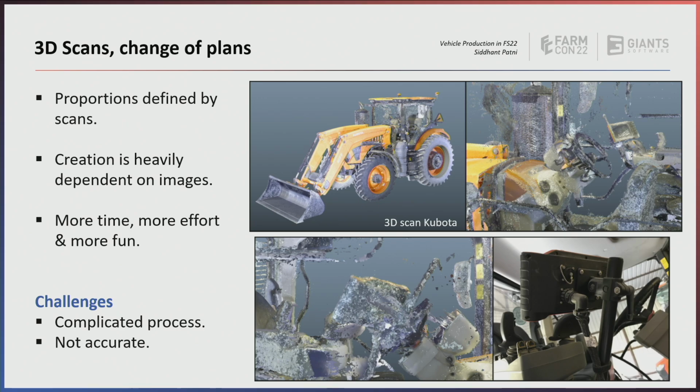We mainly use the 3D scans of the real-life machine to define the proportions of the 3D vehicle. But the creation is majorly dependent upon the image references that we also use to create those 3D scans itself. It takes more time and effort for the team to recreate a vehicle using 3D scan, but also it's more fun.